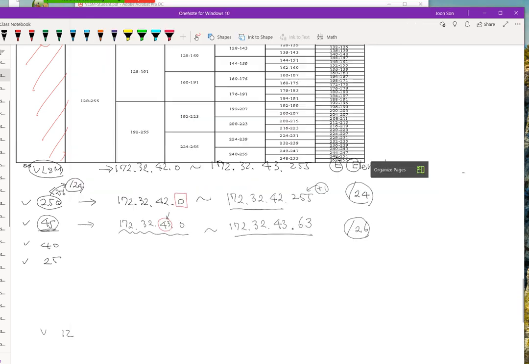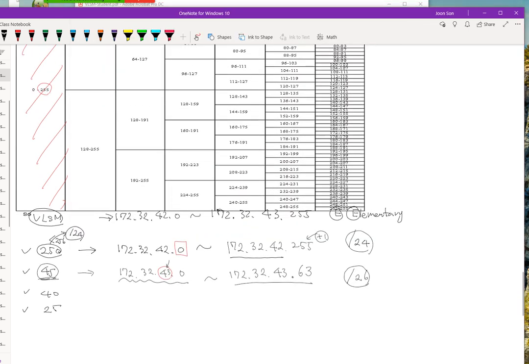Okay, so first let's take a look at what is given. What is given is 32, and this is the IP range for the E elementary school. I'll look at the previous slide. It's /23, basically.